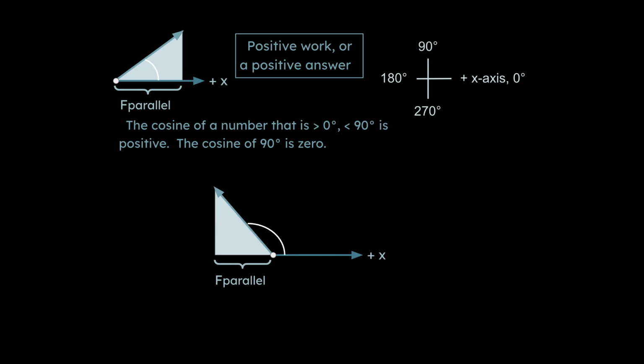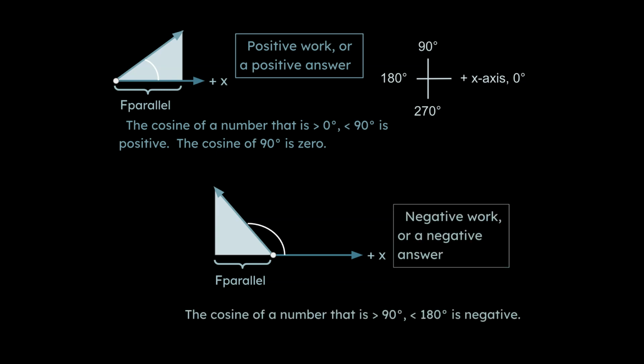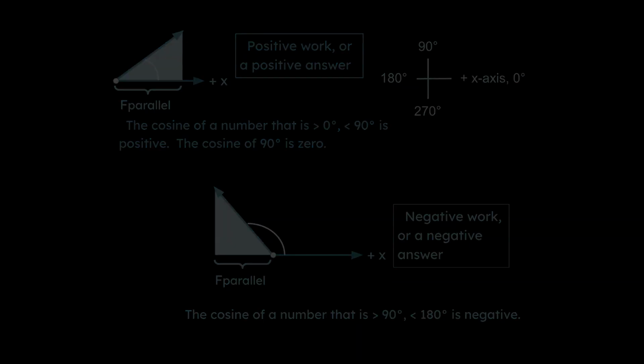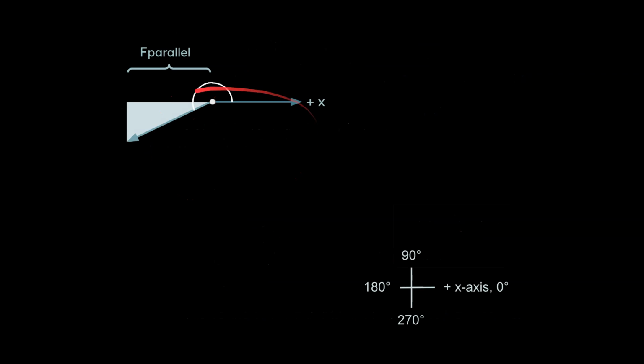If we take a look at this scenario right here, where the angle is over 90 degrees but under 180 degrees, what do you think? Are we going to end up with positive, negative, or zero work being done? We're going to end up with negative work being done, and you can test this out. You can try taking the cosine of a number that is greater than 90 but less than 180. Assuming you're in degree mode on a calculator, you're going to get a negative answer. And how about this scenario over here?